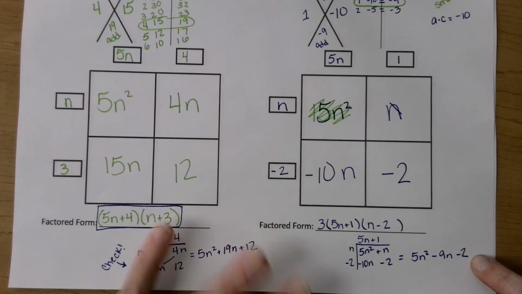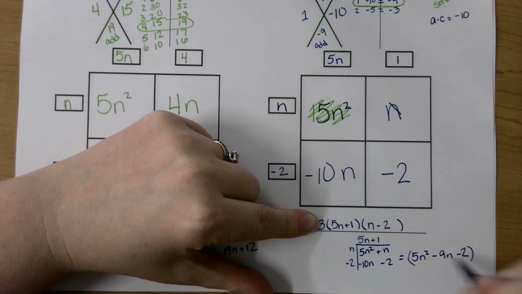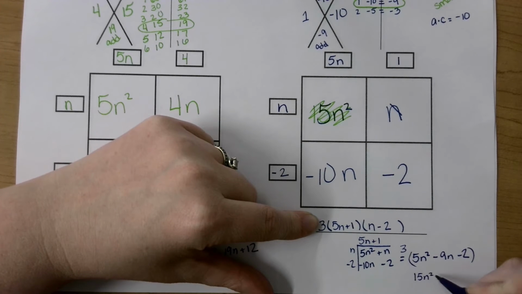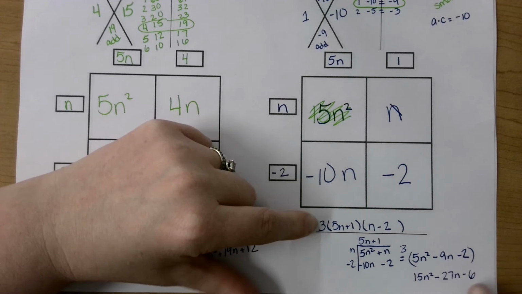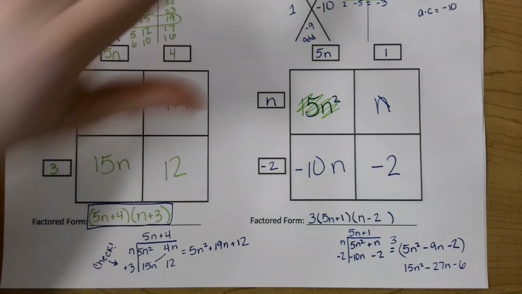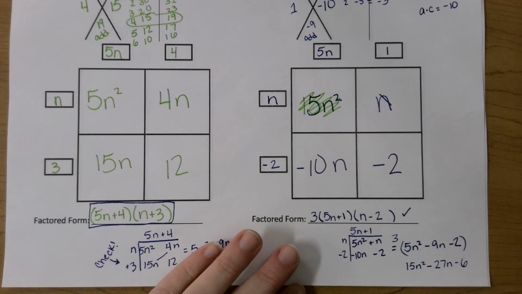And the other thing I want to check, remember we have this 3 out front, so we're going to multiply this by 3, and that's going to give me 15n squared minus 27n minus 6, which was the original problem that we were given. So, okay, this is correct. So there's my answer.